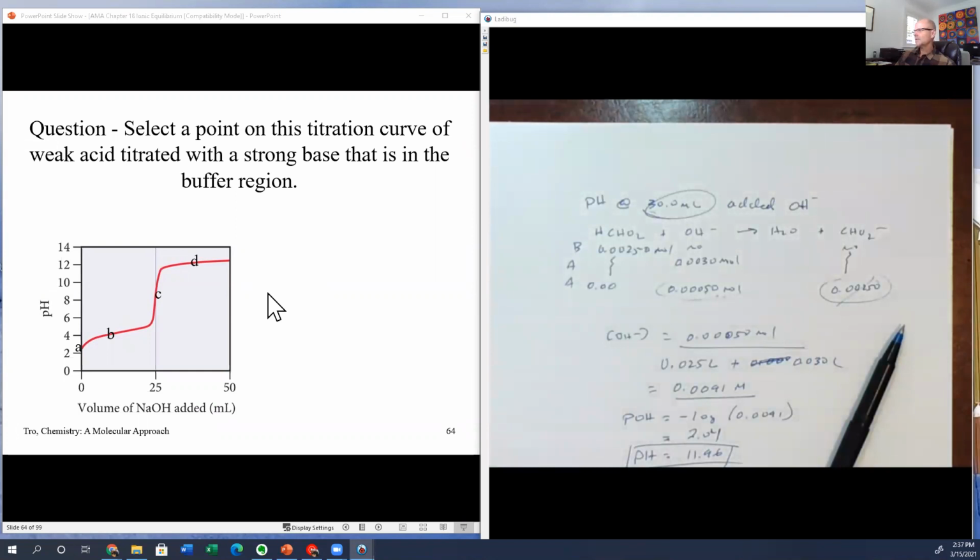Give you another few seconds to pick the answer. You're looking for one of these points, A, B, C, or D, that's in the buffer region.